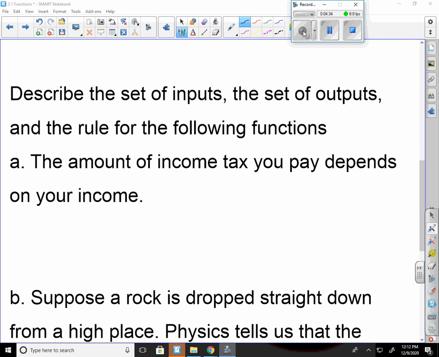Now we're going to have some additional functions here, and I want you to describe the set of inputs, the set of outputs, and the rule for the function. So the first one is the amount of income tax you pay depends on your income. What would be our input?